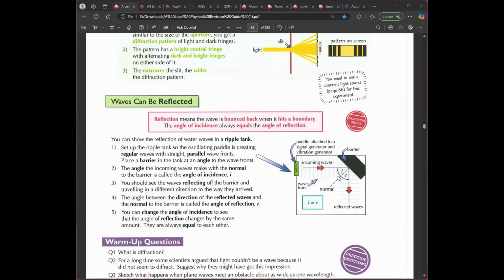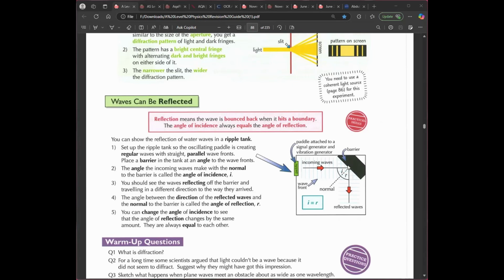Now, in reflection, these two angles are equal to each other. So whenever a wave is reflected from an obstacle or from something that's blocking it to go to the other side, you will always find that the angle of incidence is equal to angle of reflection. Both of these angles are made between the incoming wave and the normal, and for the reflected wave, it is between the outgoing wave and the normal.